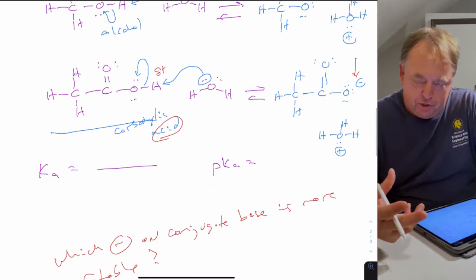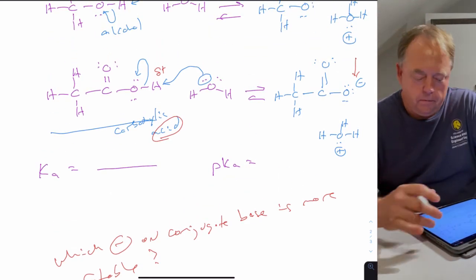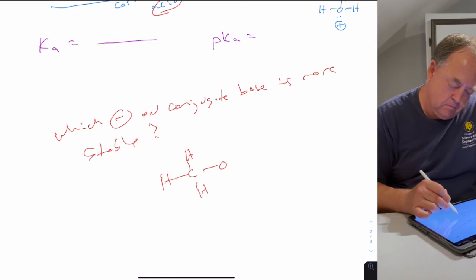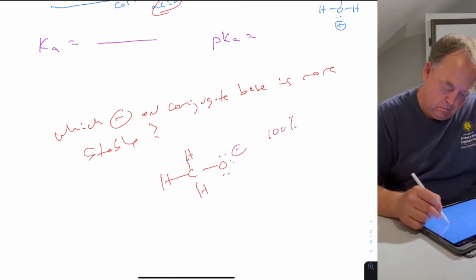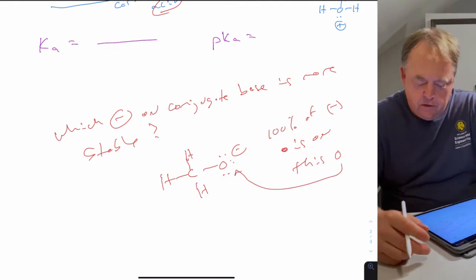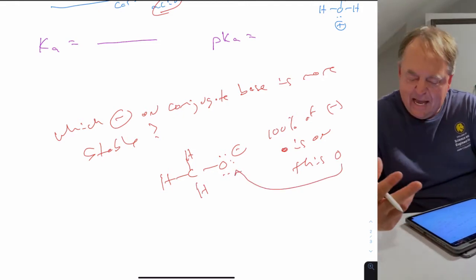And the one that is more stable is going to be the one that's easier to form. Well, on the conjugate base of your alcohol, 100% of the negative charge is on that oxygen because it has nowhere to go.